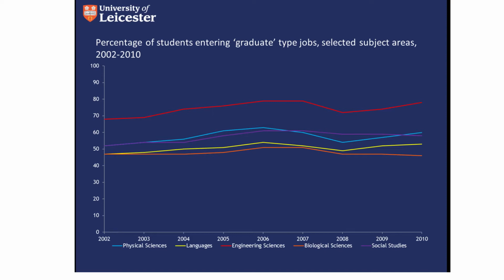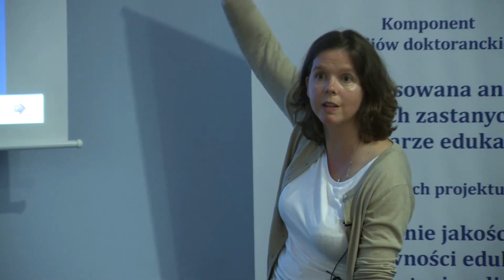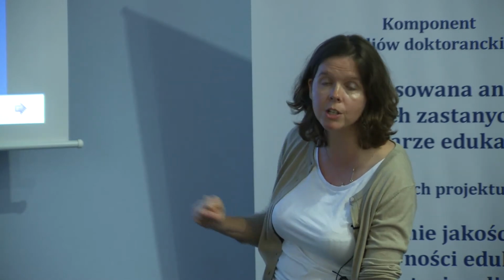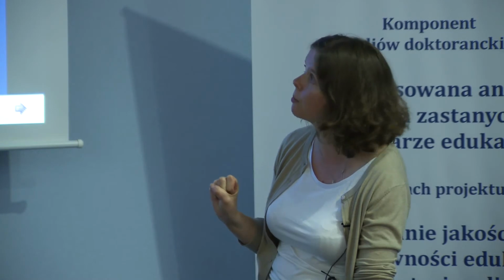So you can see that engineering students, so this offers some support for the suggestion that there is a demand for engineering undergraduates. However, apart from these people who go into those graduate jobs, there is a significant proportion who do not, and who are unemployed or who go into non-graduate jobs. Biology is also quite interesting.